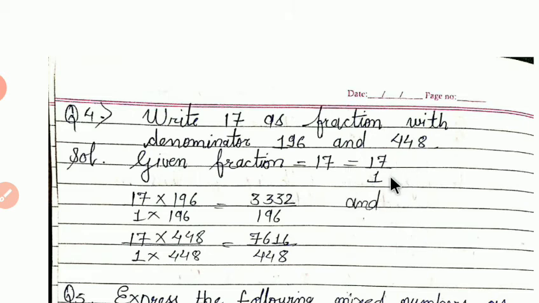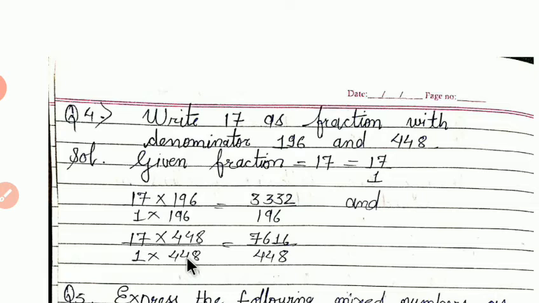And now we have to write 17 upon 1 as a fraction with denominator 448. It means at this place we have to bring 448. So how can we bring it? If we multiply 1 by 448, then only we'll get 448.